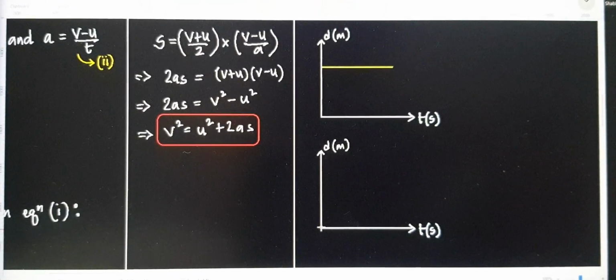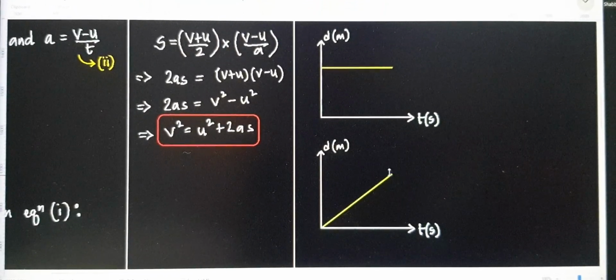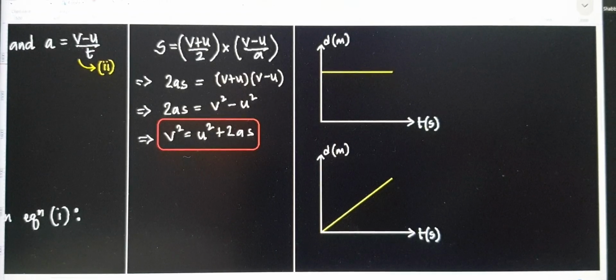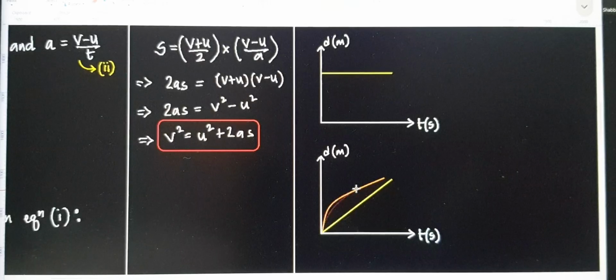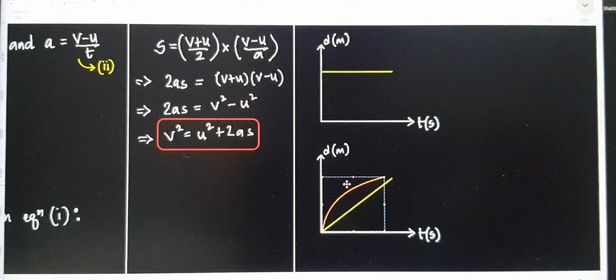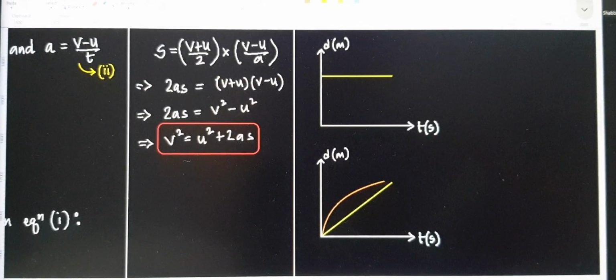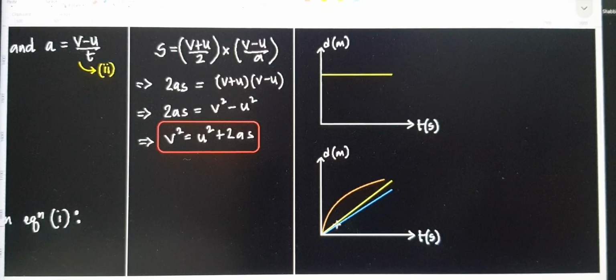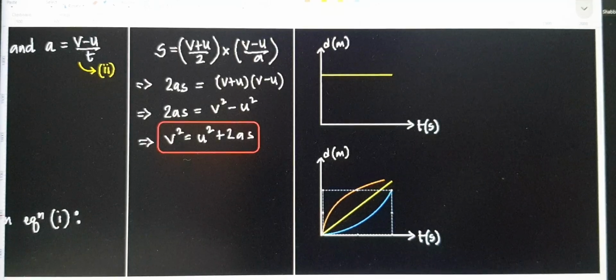The other shapes could be a straight line like this. It can be a curve like that. Or it can be a curve like that.